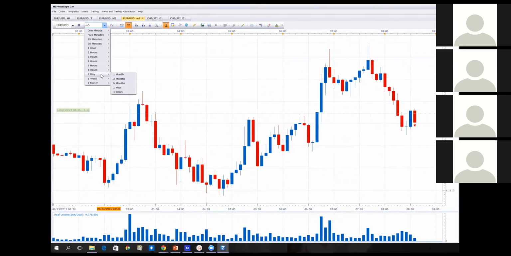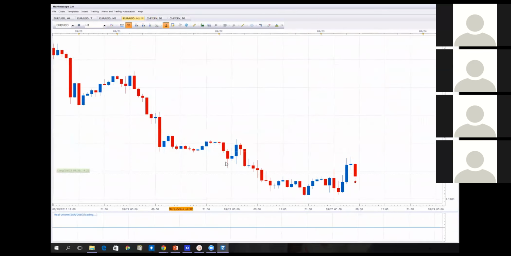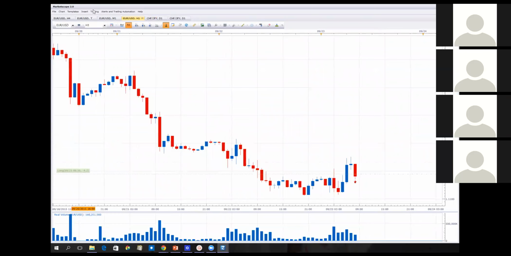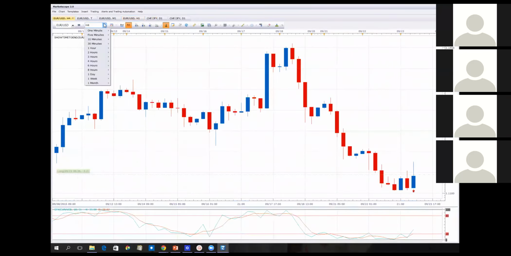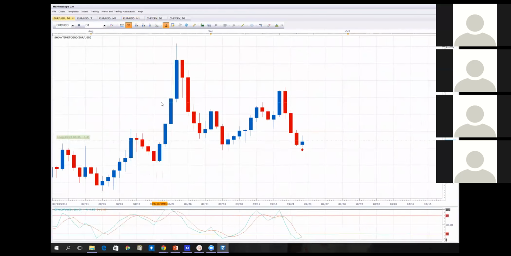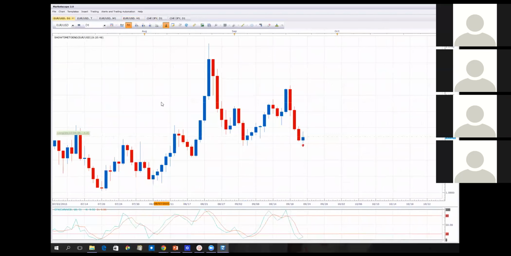This trade on there. Daily time frame: 1.087, 1.087, 77, 72.